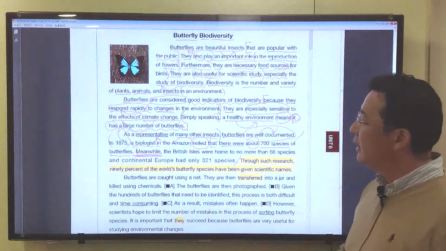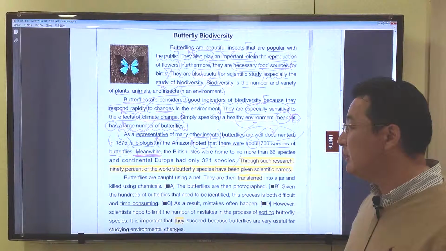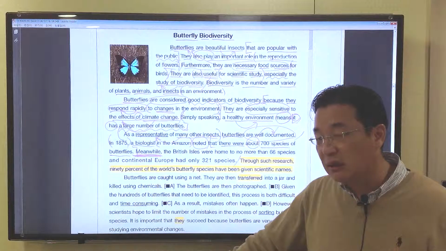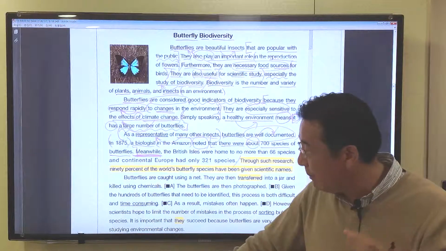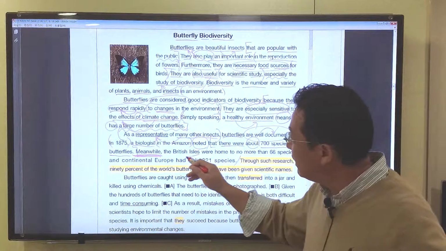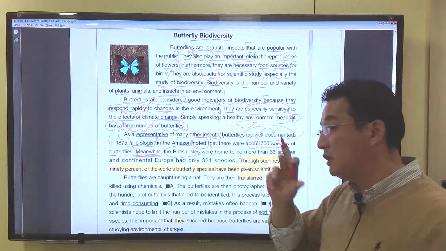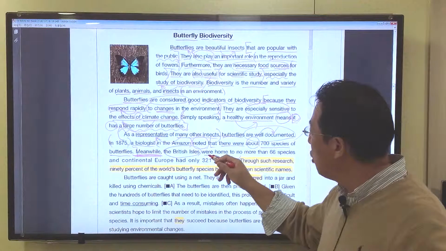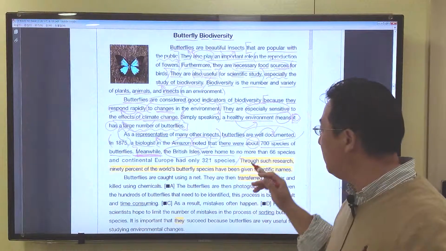그런 반면에, 어떤 반면에? 아마존에서 1875년에 어떤 한 생물학자가 700여 종의 나비가 있다는 것을 알아챈 거와 반면에 The British Isles가 뭡니까? 영국 제도에서는 영국의 그 섬들로 이루어져 있죠. 그죠? 영국 제도는 were home to 그런 뭐뭐의 고향이다 이 말입니다. 그죠?